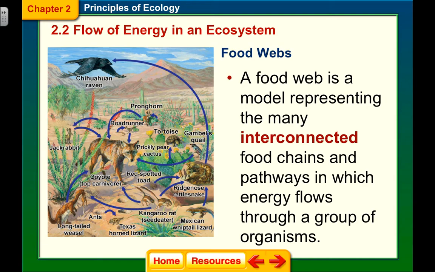Now food webs are much more complex because reality is much more complex than a simple food chain. So all of these interconnected food chains make up a web, and this would be a desert situation where you've got the coyote who is eating the weasel and can eat the kangaroo rat and can eat the quail and can also eat the pronghorn and the jackrabbit. And notice that all these other things are being eaten and eating other organisms as well.